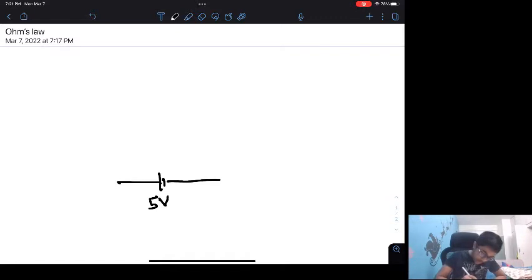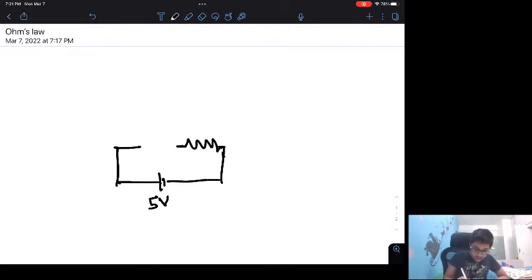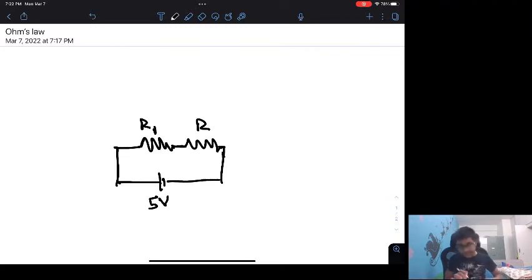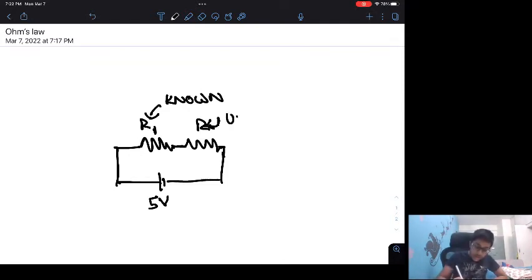Now, say we want to measure the potential difference across an unknown resistor. Let me draw our unknown resistor right here first. Let me call that R. And we have another known resistor, let's say R1. We know the value of R1, and then we have R, which is our unknown resistor.